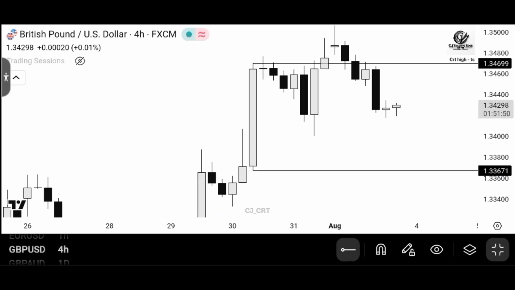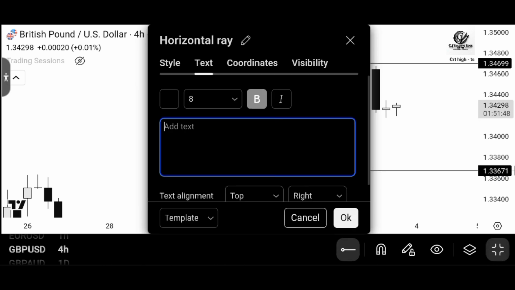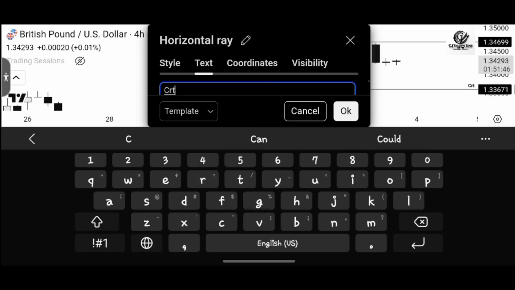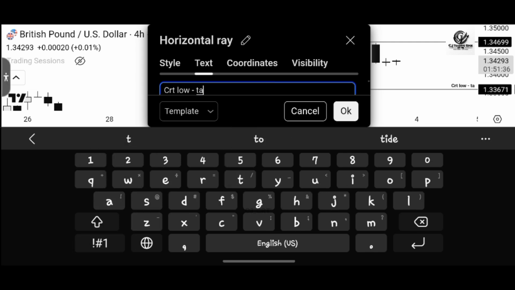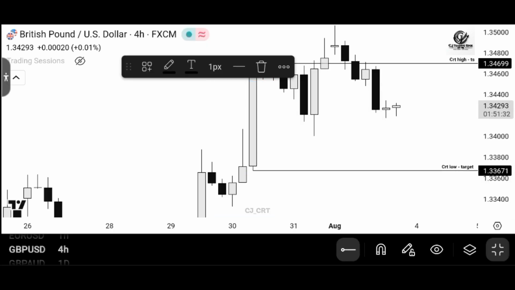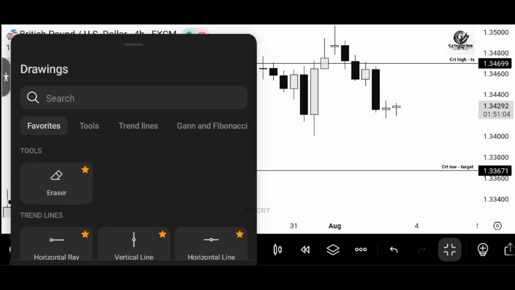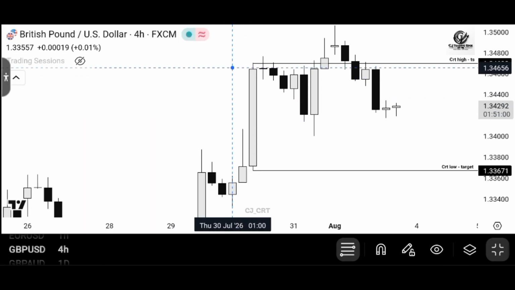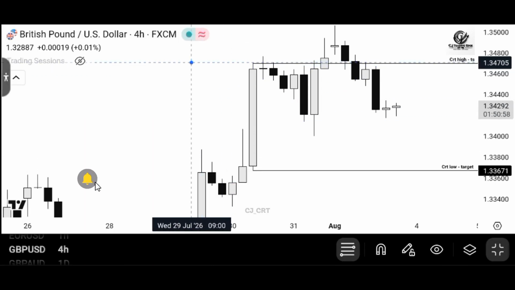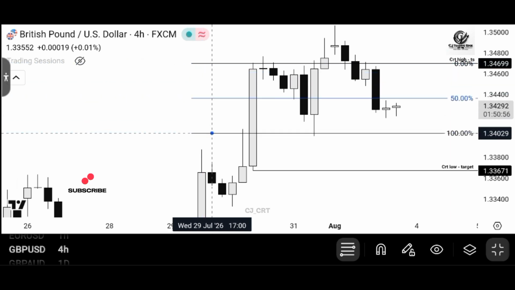CRT low. So I'll be using the fib retracement to make sure I get the 50% level of this CRT candle.